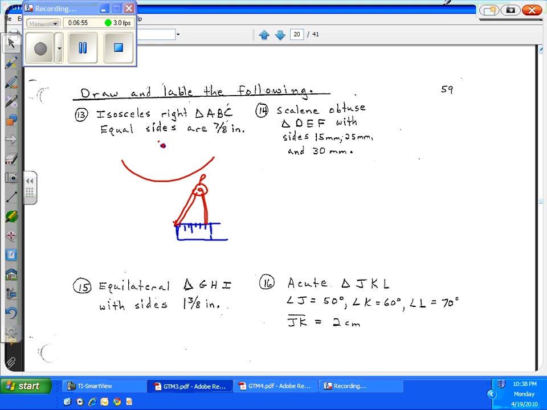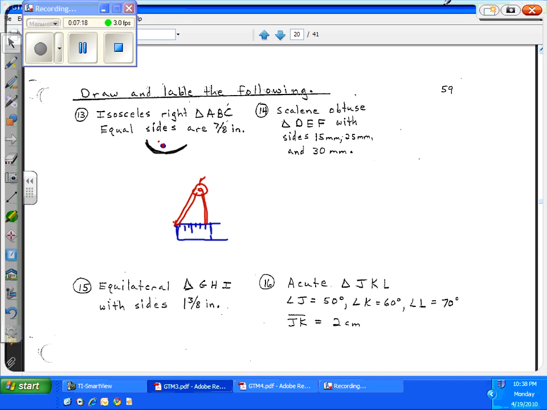Now it would be smaller. 7/8 of an inch would be like that. Let me try to get a little more accurate. So you'd have a point, and then 7/8 of an inch would be a little arc going across here. I'm still a little inaccurate, but that's okay.